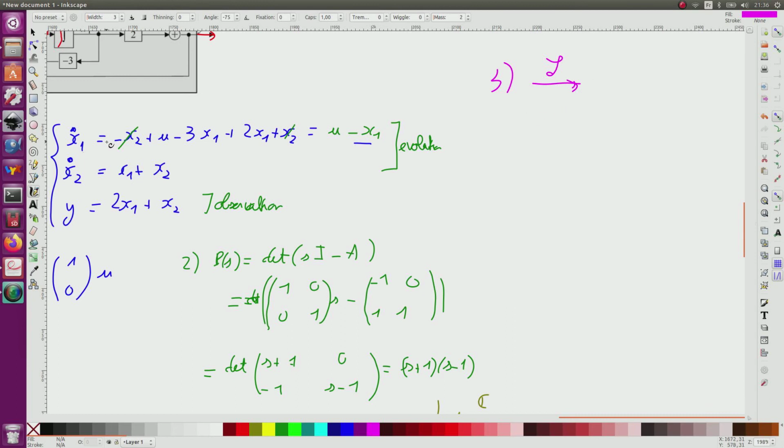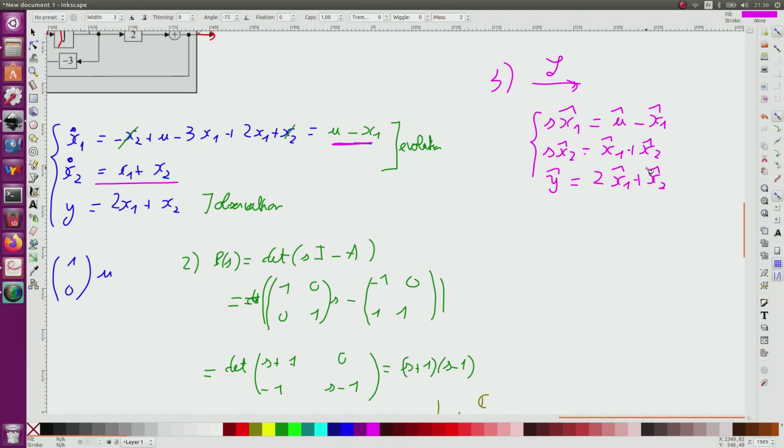So the derivative of x1 becomes s x hat 1 equal to u hat minus x hat 1, then s x hat 2 equal to x hat 1 plus x hat 2, and the last one is y hat equal to 2 x1 hat plus x2 hat.